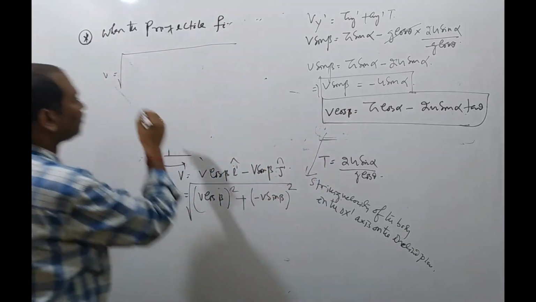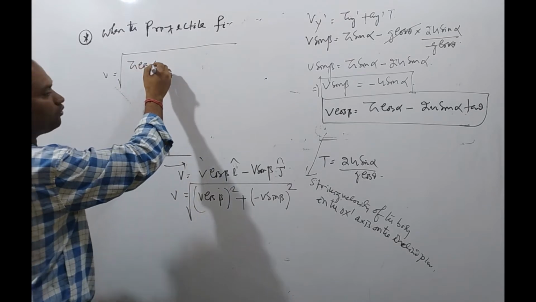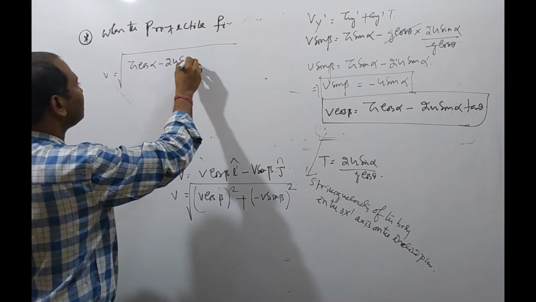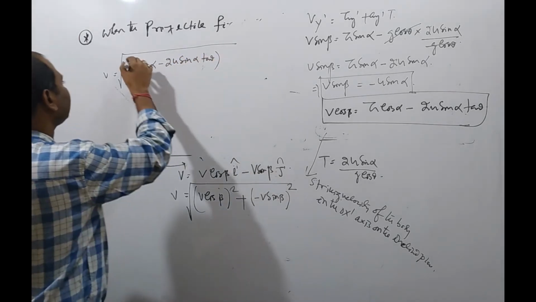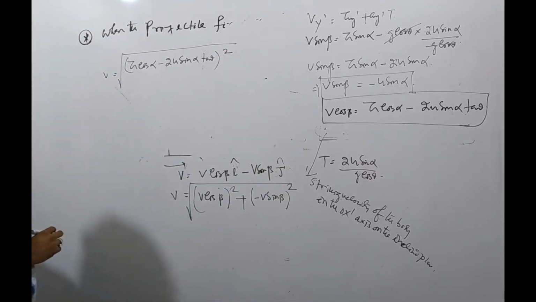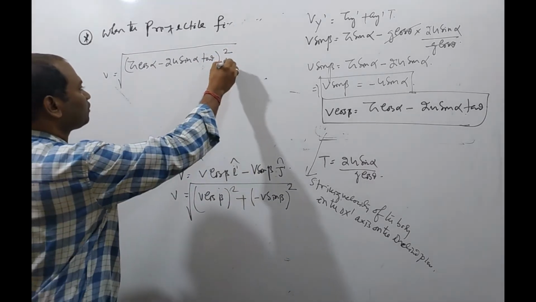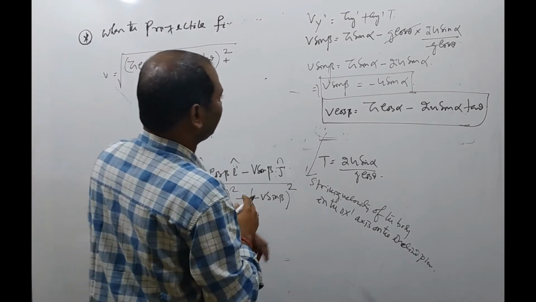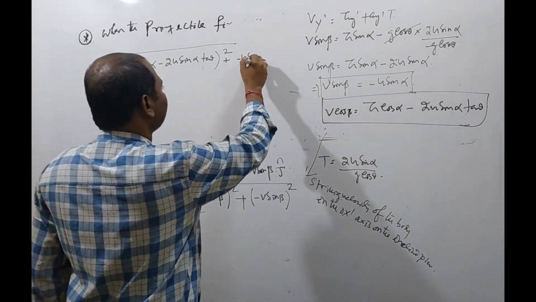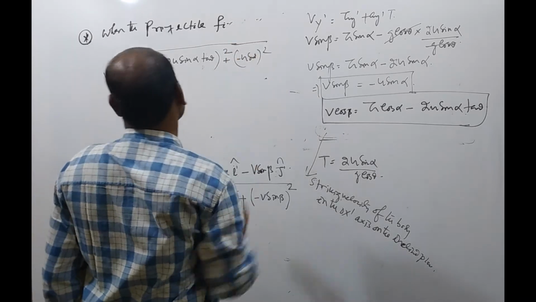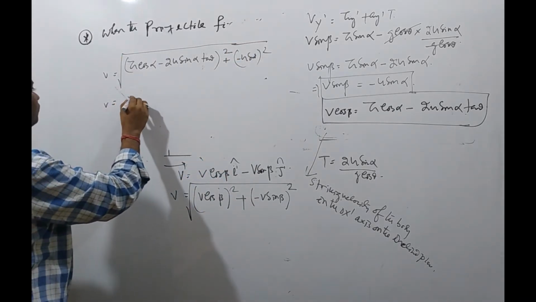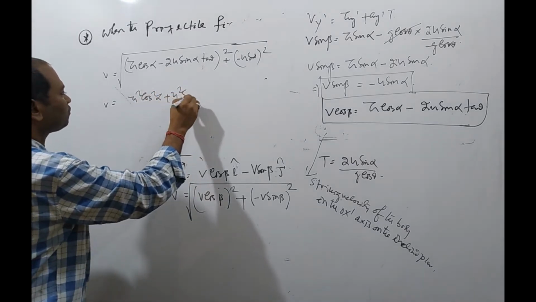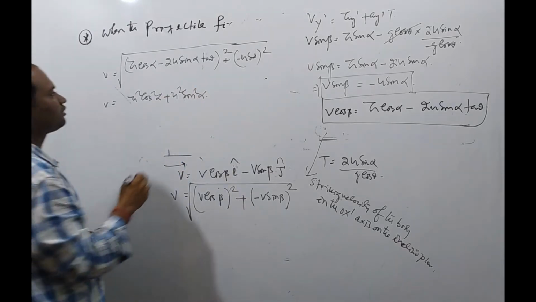V cos beta is u cos alpha minus 2u sin alpha tan theta whole square, plus minus v sin beta, then v sin beta is minus u sin alpha square. Okay, then v is equal to u square cos square alpha plus u square sin square alpha.